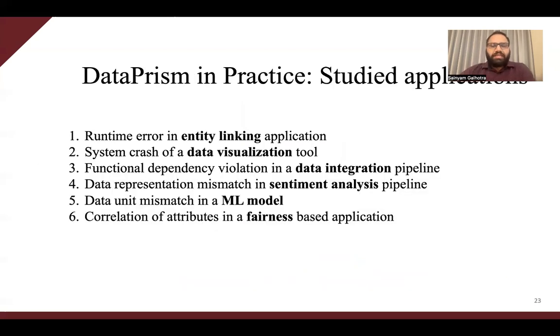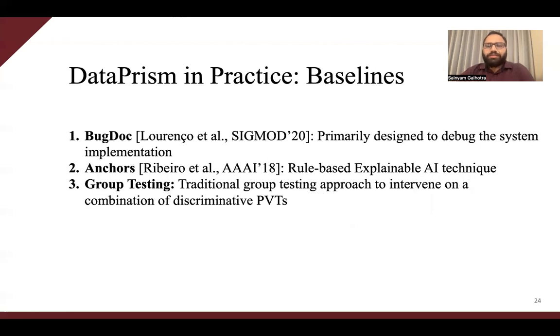Now, let us look at some of the evaluation results of DataPrism. We tested our approach on 6 different application domains spanning classification, entity linking, sentiment prediction, data integration, and data visualization. All these applications were tested on real-world datasets, and each pipeline failed due to a different cause of mismatch with the data. In terms of the baseline, there is no prior technique that exposes mismatch between data and systems.